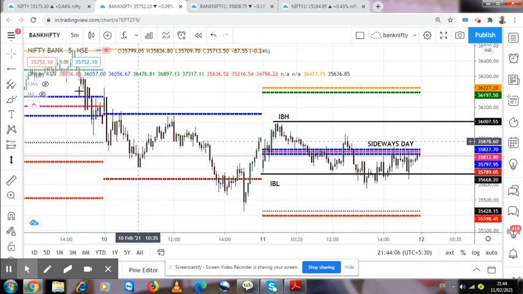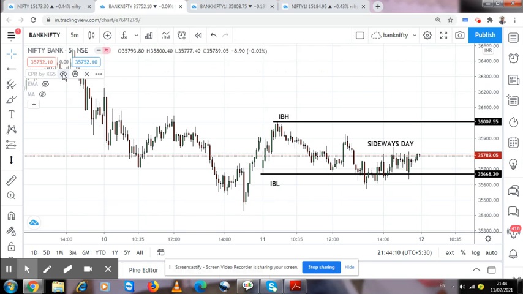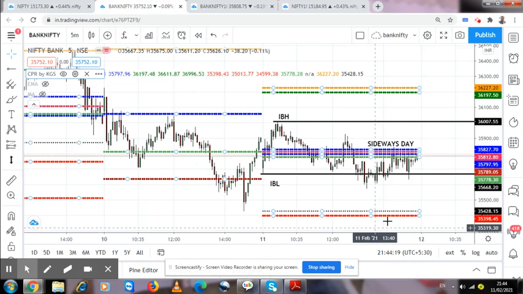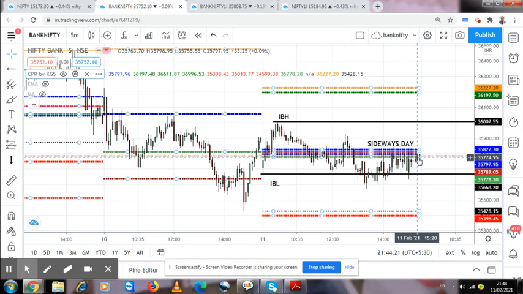Let's quickly check the CPR for tomorrow. This is the CPR, which is 35,774. This is the bottom pivot which has been created today. It is going to open somewhere here, so it is a kind of overlapping CPR tomorrow.